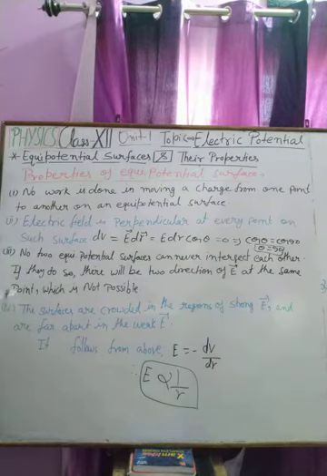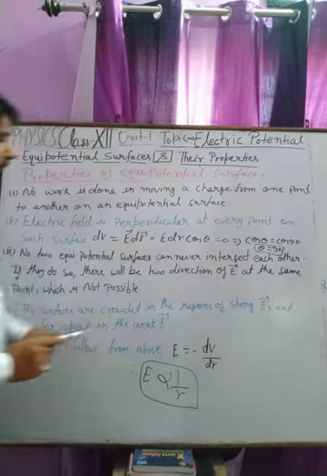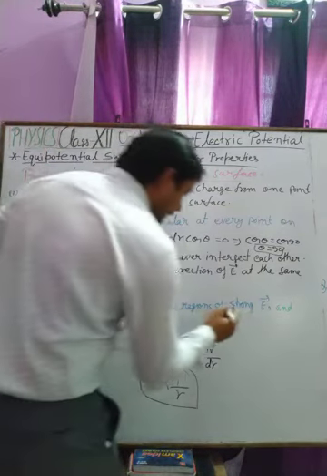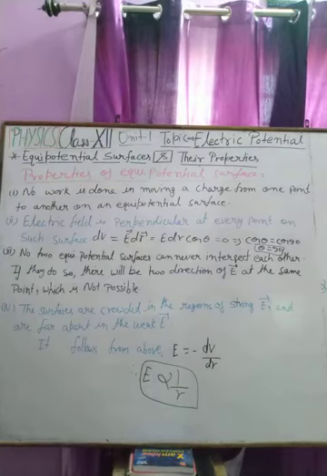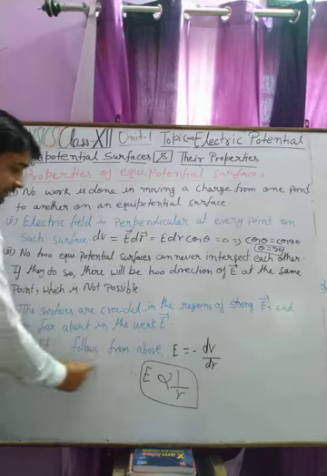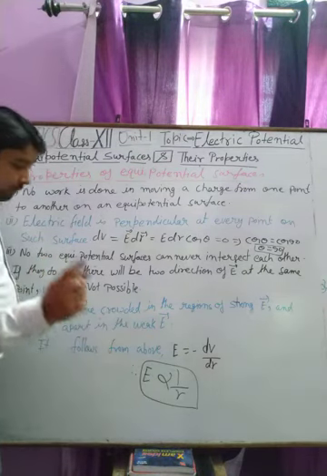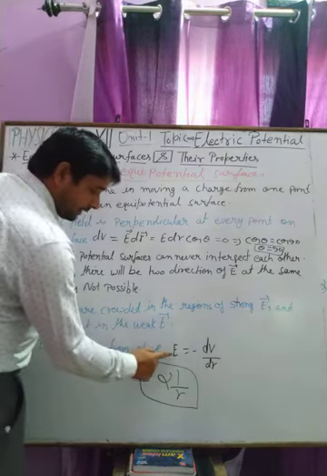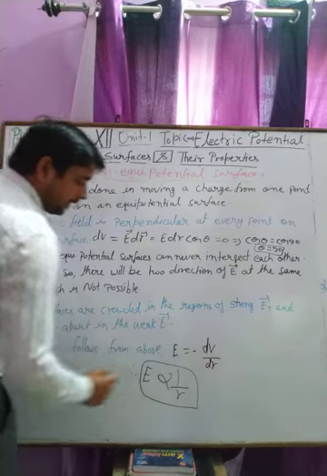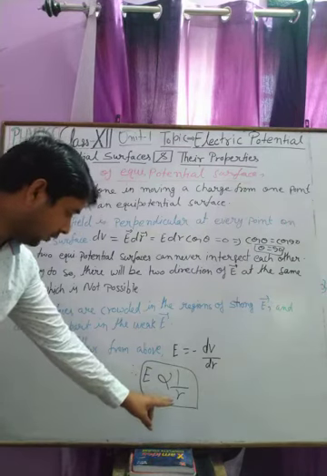Next and very important point: the surfaces are crowded in the region of strong electric field, and far apart in the weak electric field. It is given by the rule of potential gradient, that is E is equal to minus dV upon dr. Here we find the electric field depends on distance.